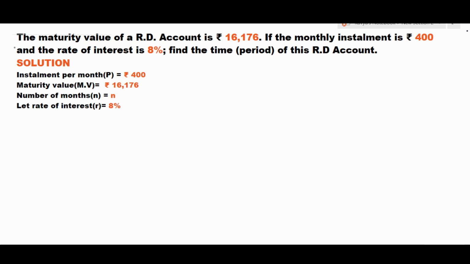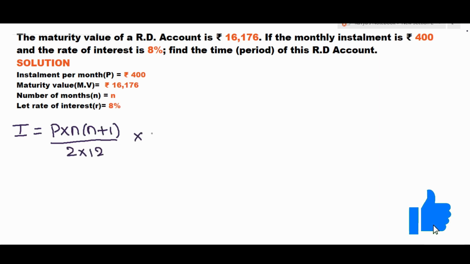Let's write the interest first. We know I is equal to P into n plus 1 divided by 2 into 12 into R by 100. Let's substitute all the values.